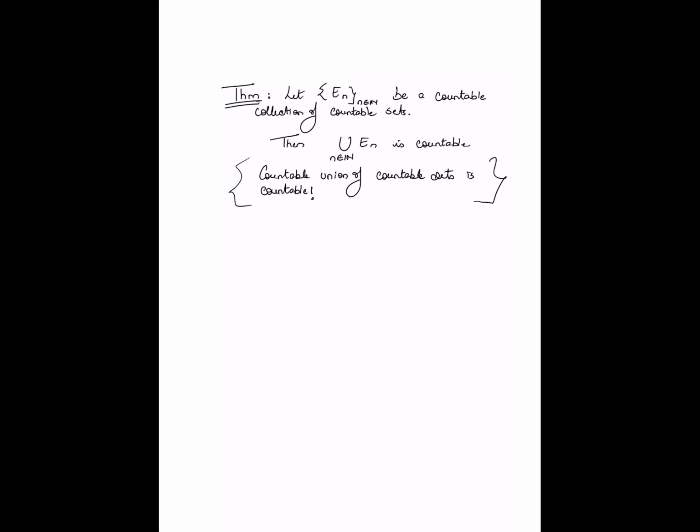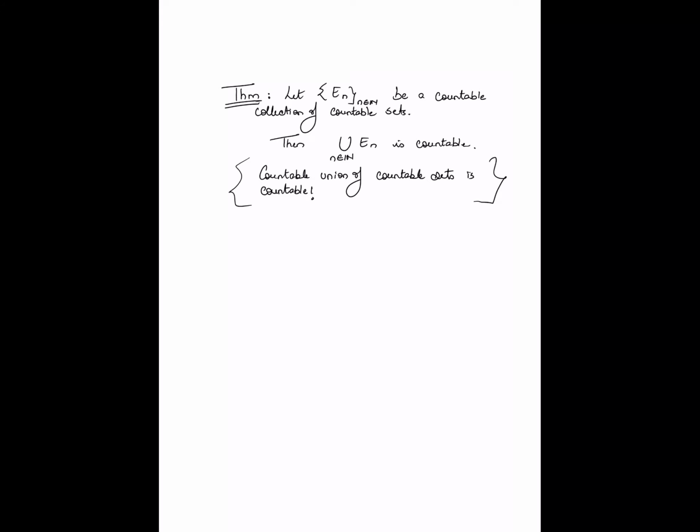That is what this theorem really says. So again, if this notion of having a countable collection of sets is new to you, then you should stare at this and first convince yourself that you understand the setting of the theorem in the first place.